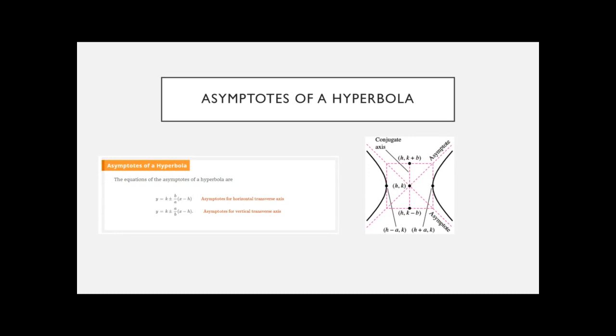And we've actually got formulas for the asymptotes. We don't really use these too often, so it's not something that you need to memorize. But if you do happen to need to find an asymptote, that's where those equations come from.